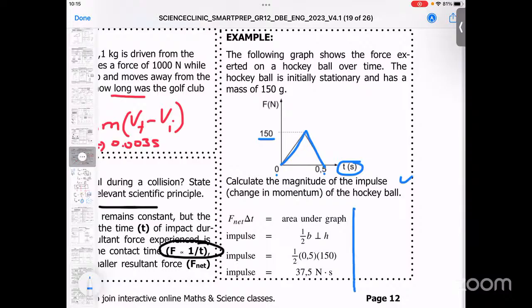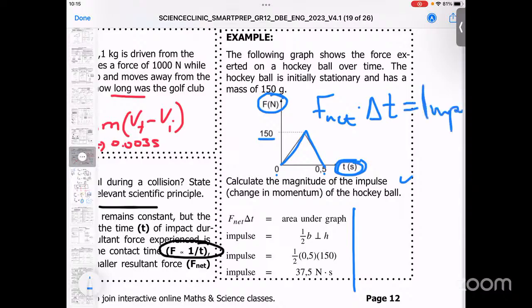So here, what we know is that in a situation where force and time are involved, we will definitely remember this formula: F net multiplied by time equals the impulse.